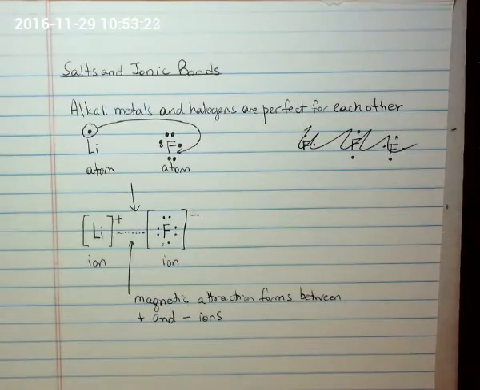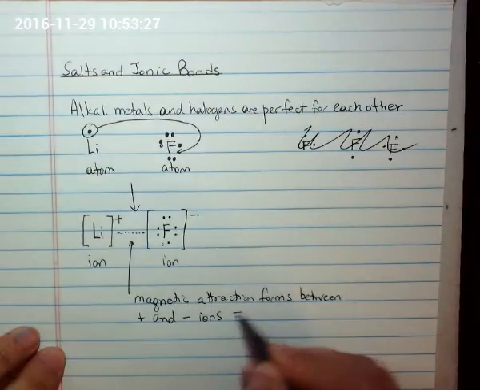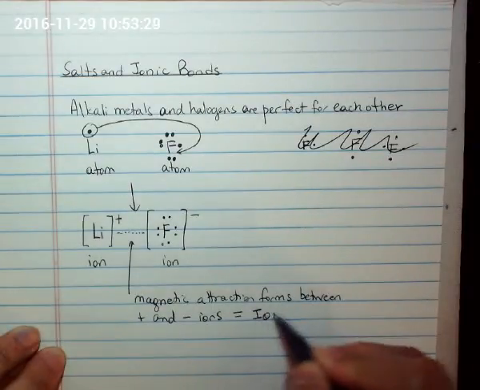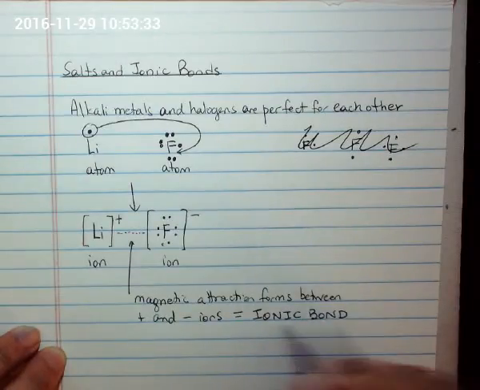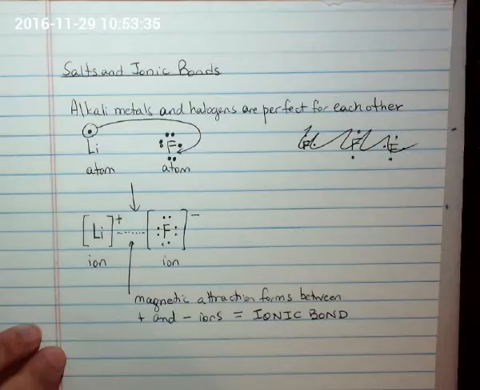Does anyone know what it's called? It has a really common name. It's called an ionic bond. Because it forms between what? Ions, between two ions.